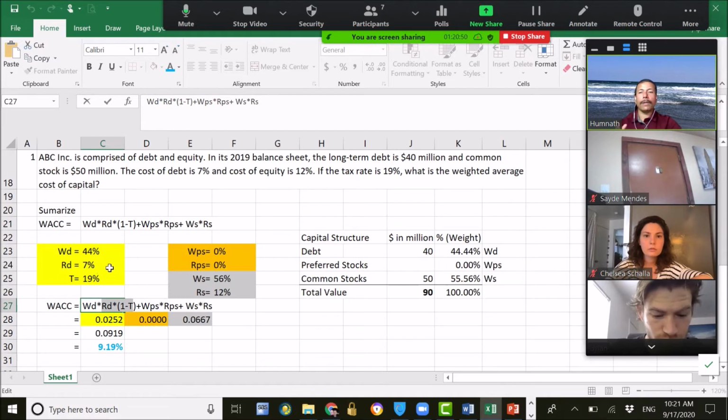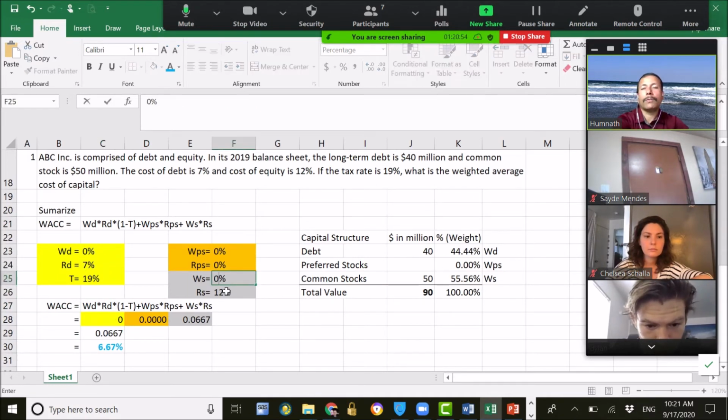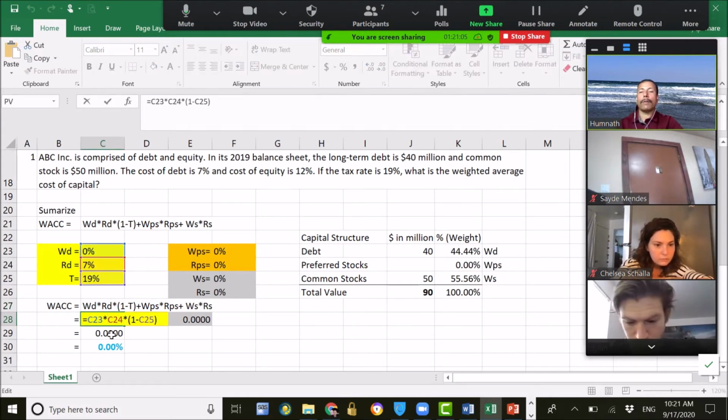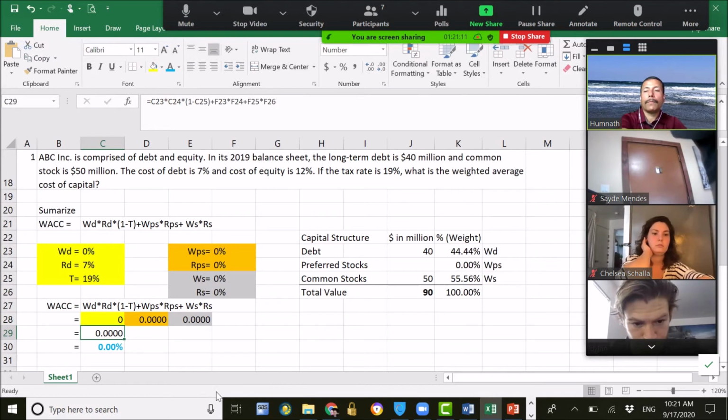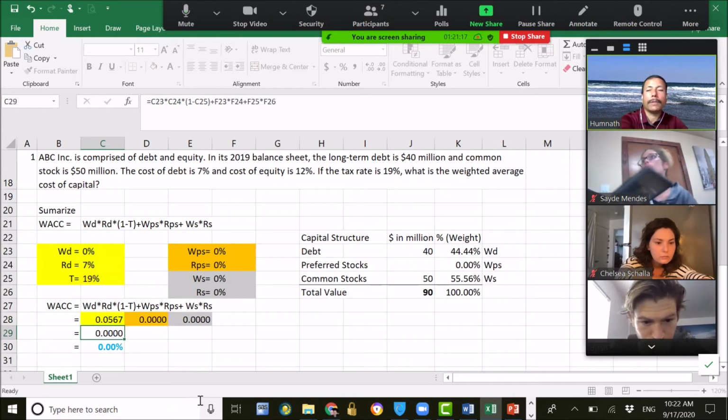So what I'm going to do is put this one 0, this one 0, and this one 0. I'm going to put all of these equal to 0. So what happened here is gone, right? Then I'm going to remove that WD, because if you multiply with 0, it's not going to work, right?